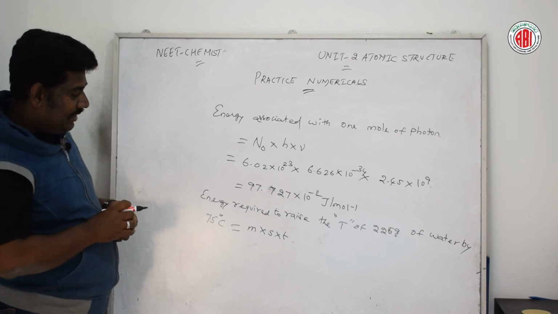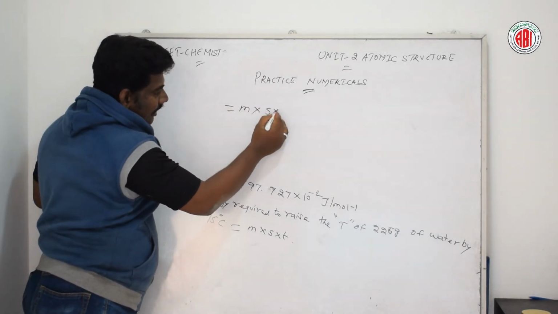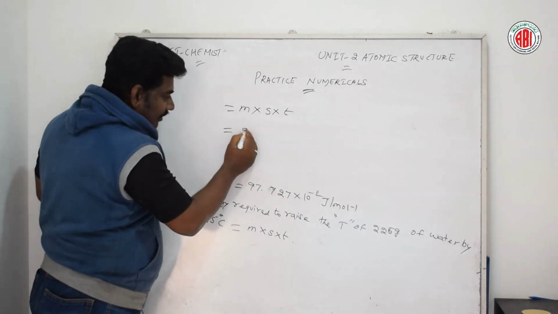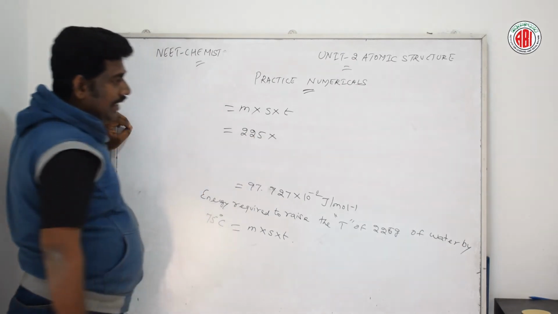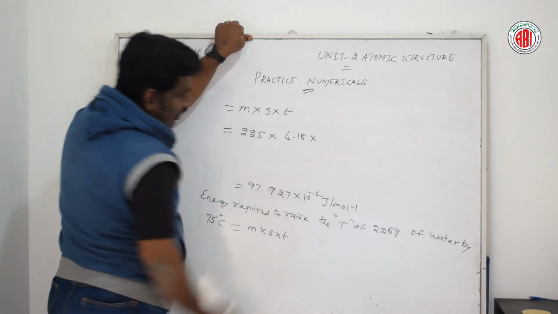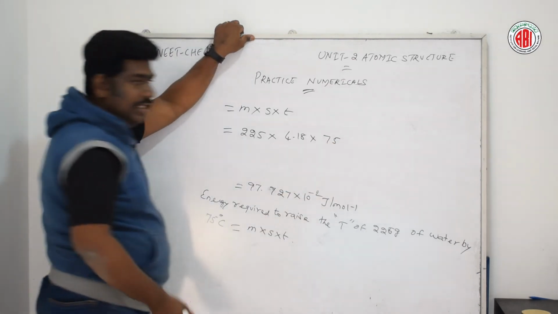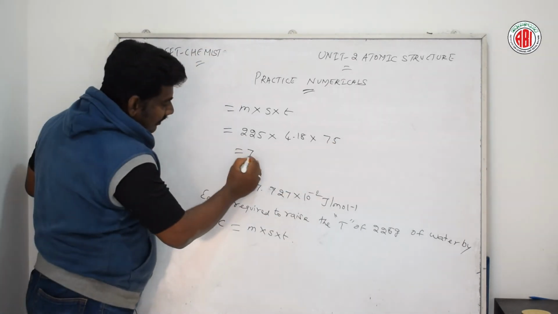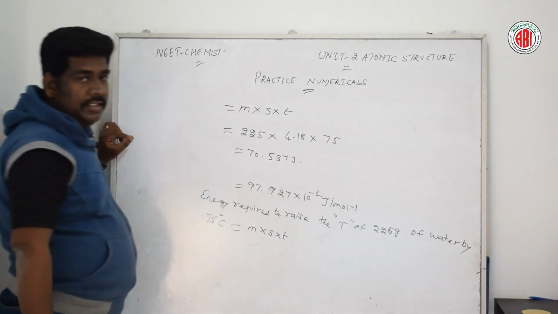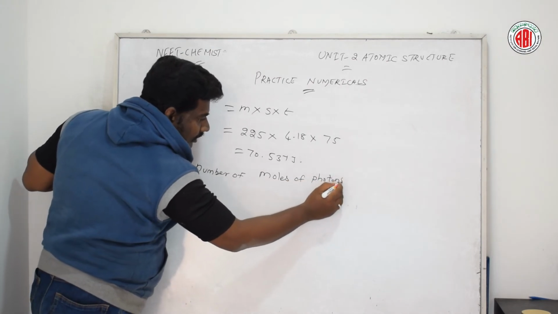What is this m s t? Let us see. Here m stands for mass, the mass of the water, that is given as 225, into s, which stands for specific heat, given in the question as 4.18, into t, which stands for temperature, that is 75 degrees Celsius. Simplifying this, we could get 70.537 joule.